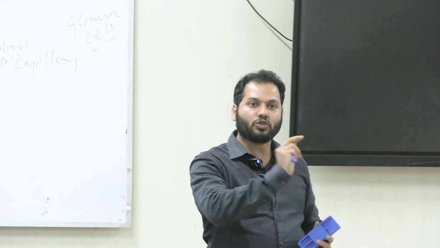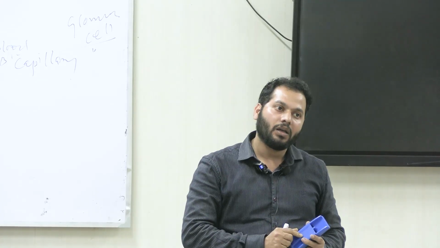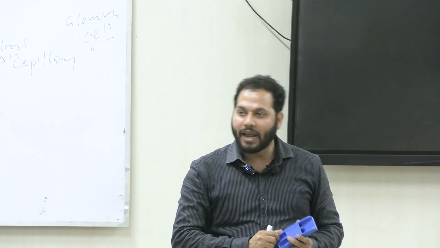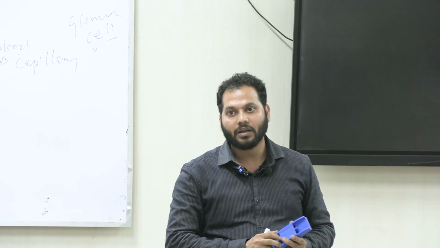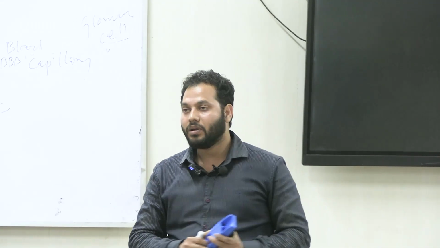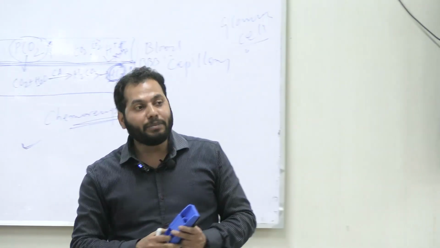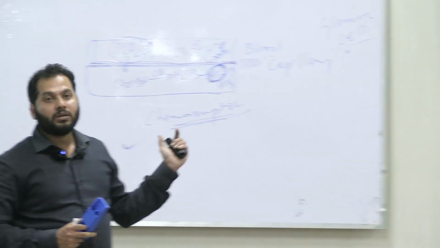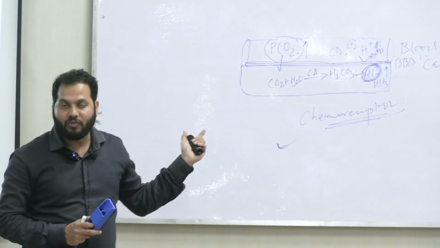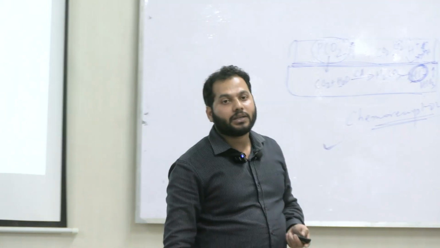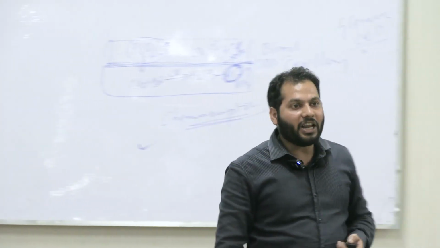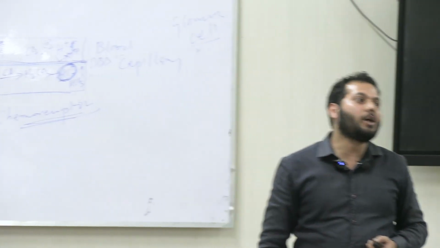Here we have discussed two things: one is peripheral and the other is central. Right? Similar to the previous one, you can also see the rate of ventilation with the changes of PCO2 from this graph.